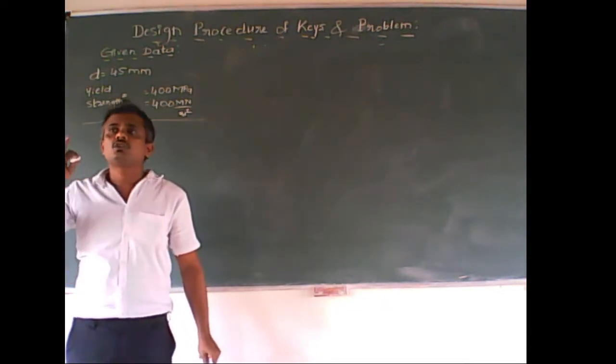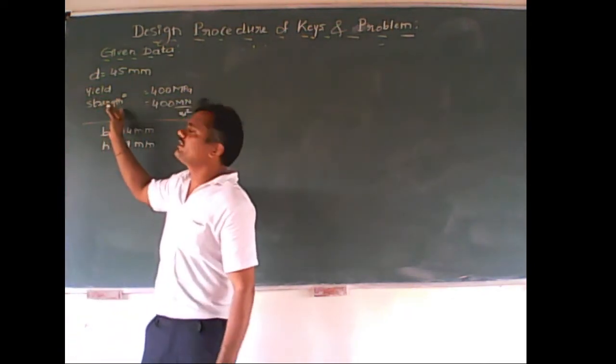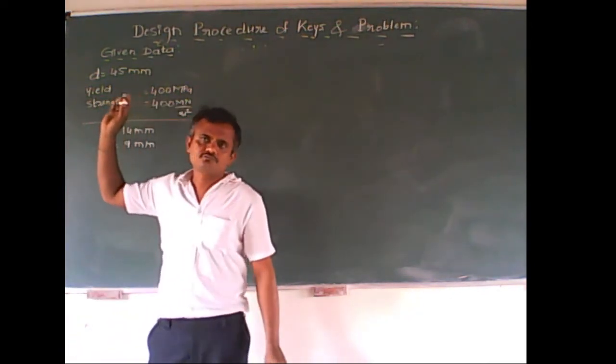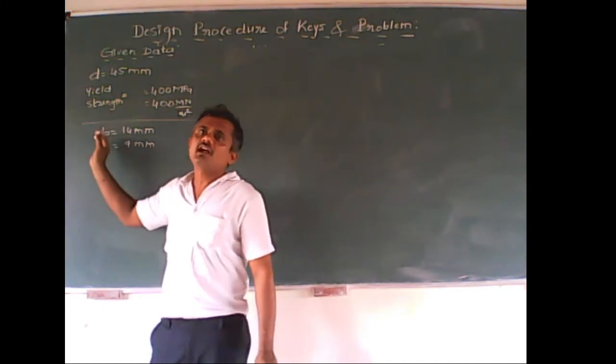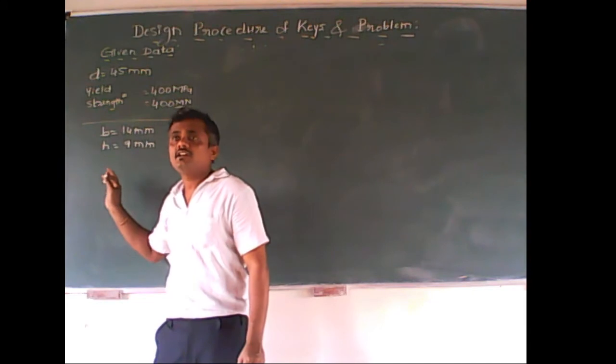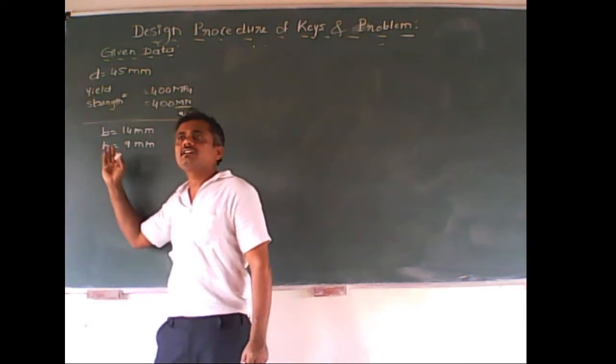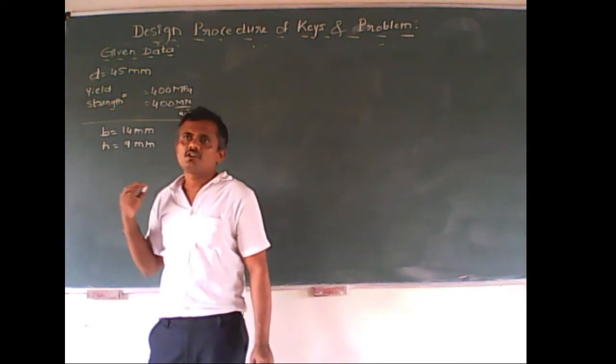Look at this. Two yield strengths are given. Don't get confused. One is the strength related to your shaft and one related to your key. What does it indicate? It indicates that the shaft material is different and the key material is different.